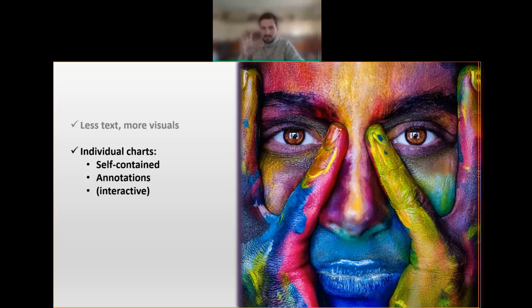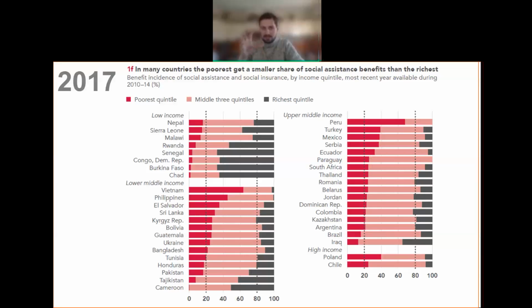Okay, so those are really conceptual ideas. So let me show you some practical examples of those principles and how they were implemented in the 2017, 2018, and 2020 versions. So here you have an example of a chart from the 2017 version.